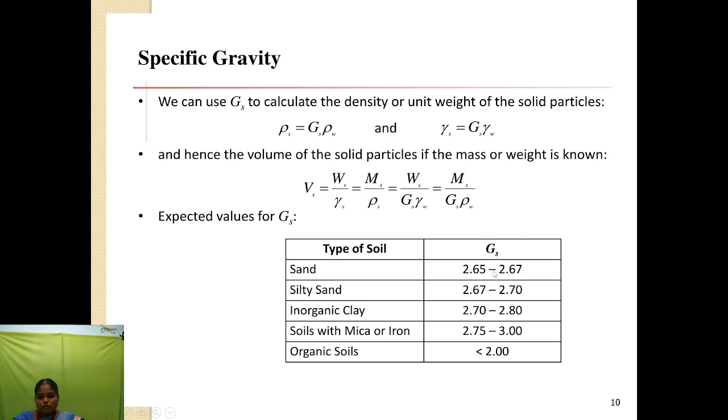That value should be used for the specific gravity. Silty sand has a specific gravity of 2.67 to 2.70, inorganic clay 2.7 to 2.8, soil with mica 2.75 to 3, and organic soil will be less than 2. These are the values for the Indian standard, unified classification system of soil.